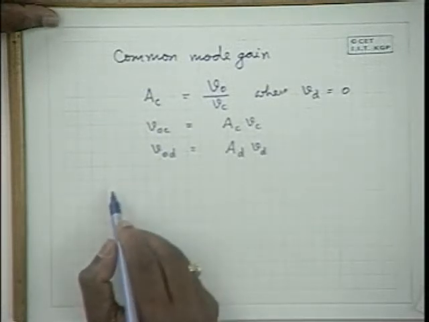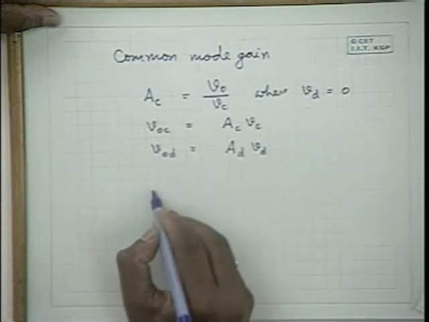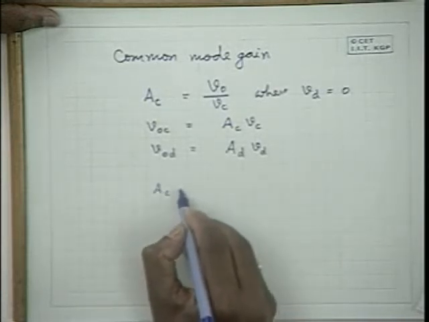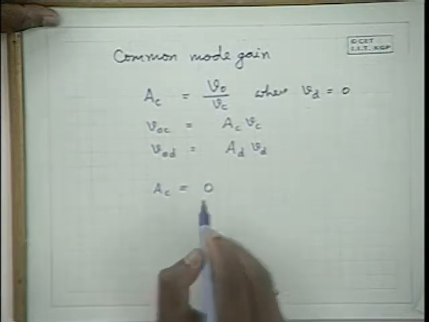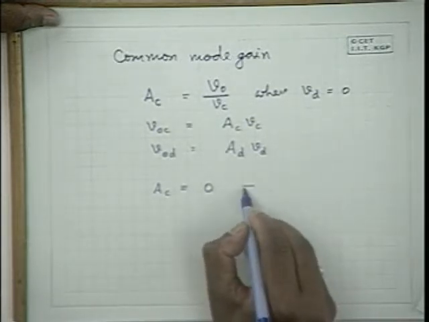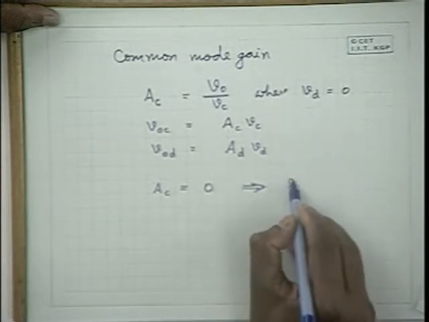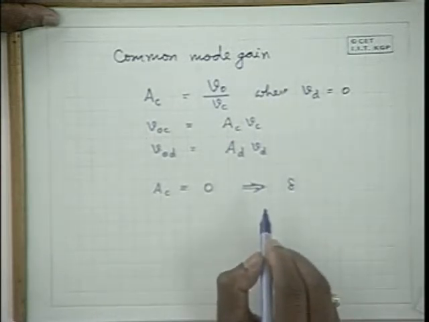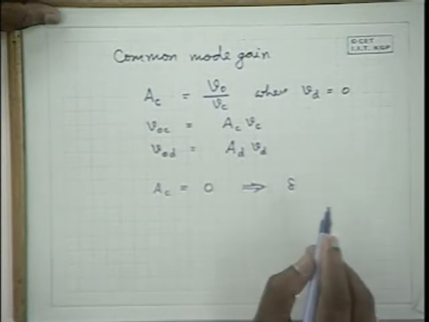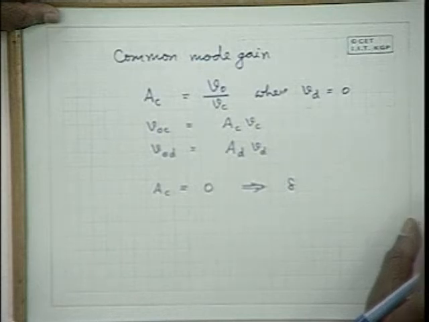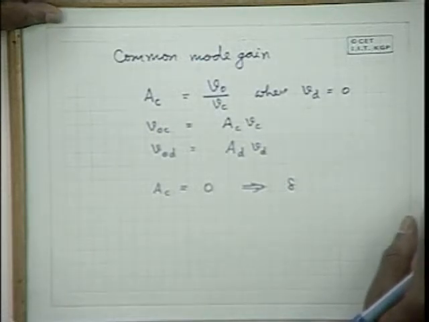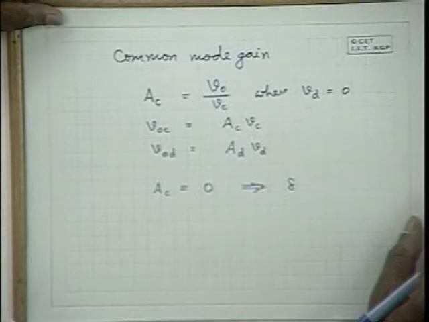Now, in a differential amplifier, ideally, we desire AC to be 0, the common mode gain to be 0. But in practice, this is not 0, but some small quantity delta. And how do you judge a differential amplifier? We judge a differential amplifier by the ratio of the differential gain and the common mode gain.